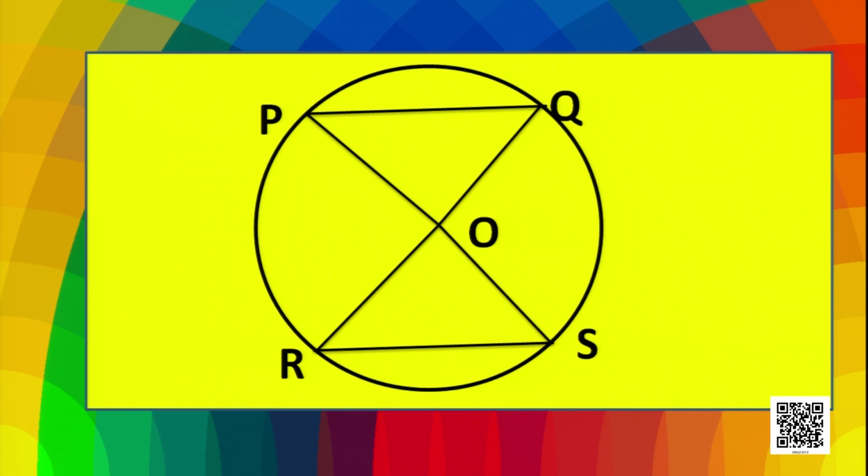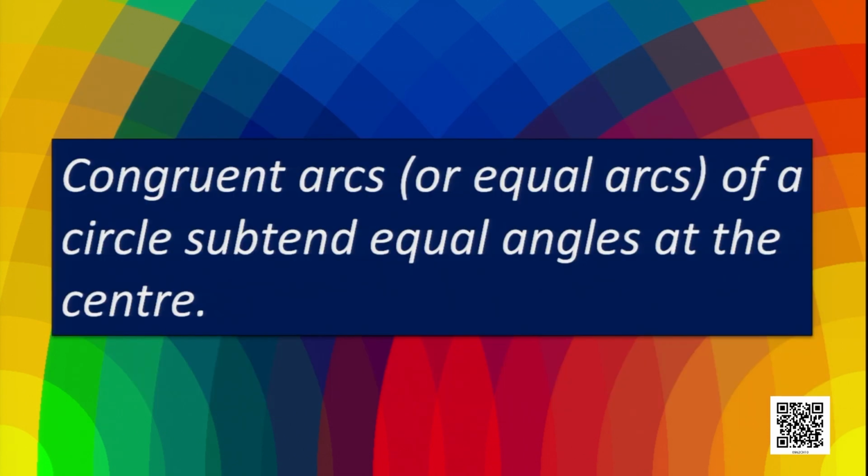As we know that two equal chords subtend equal angles at the center, so we can also say that congruent chords subtend equal angles at the center. So here congruent arcs or equal arcs of a circle subtend equal angles at the center.